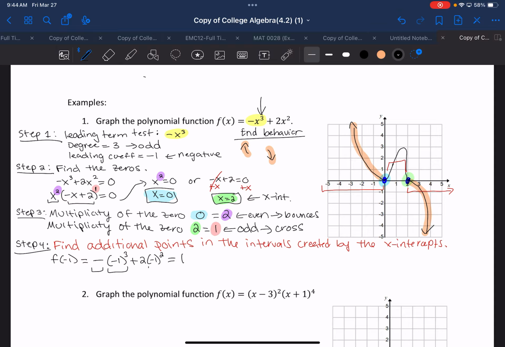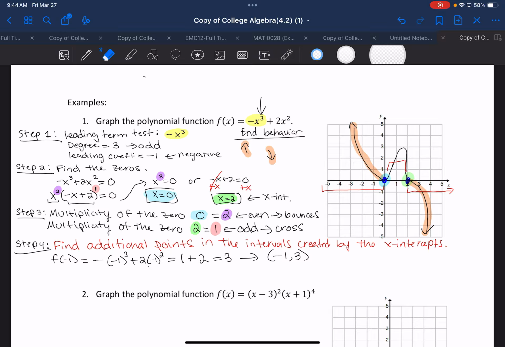And then negative 1 squared is positive 1, and positive 1 times 2 is positive 2. So that'd be plus 2, and so this would equal 3. So this just gave me the point. I plugged in negative 1 for x, and I got 3 for y.